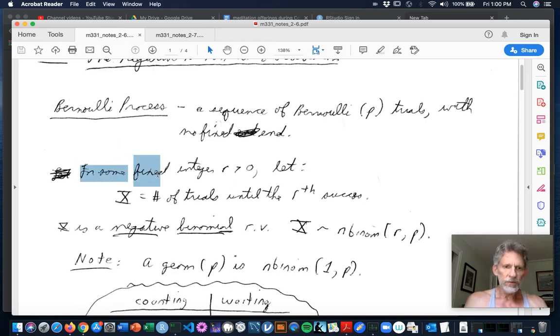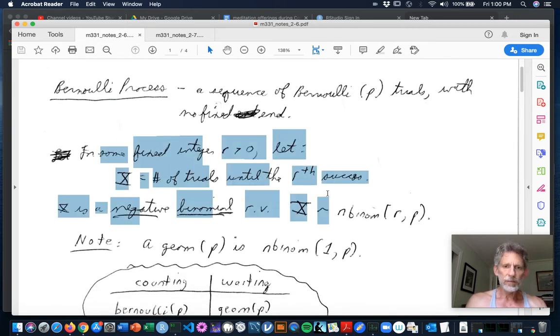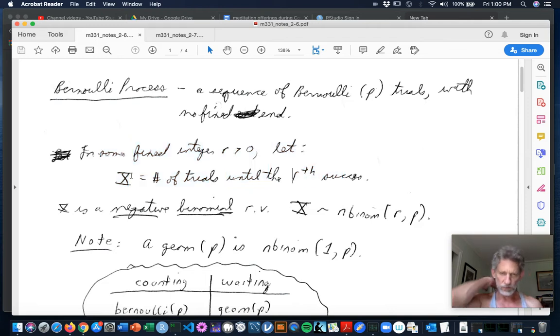Now, for some fixed integer r bigger than 0, let's let X be the number of trials until the rth success. So anyway, what we're doing here is we are waiting until the rth success.